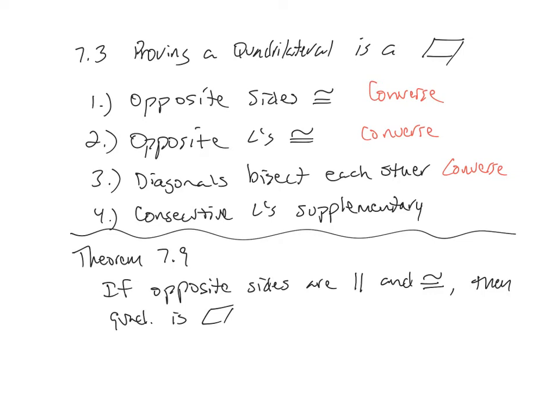So what it's saying is it's just one pair. So if this side was parallel and congruent, okay, then I have a parallelogram.